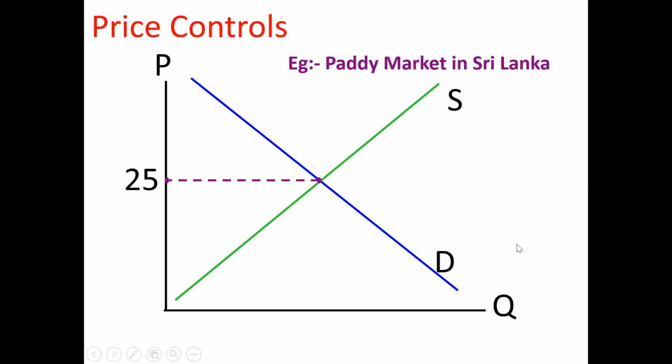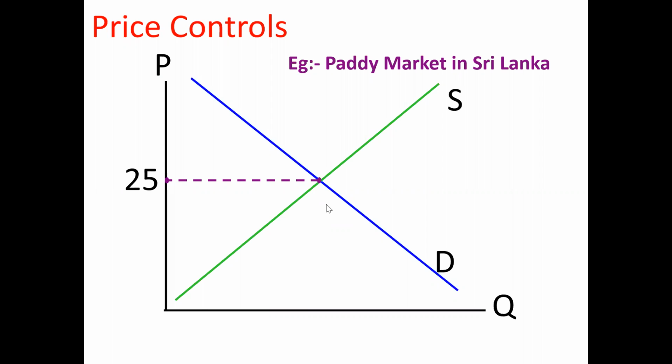What should the government do? Should the government decide the price below 25 or above 25? What do you feel? Shara? Should the government decide the price below 25 or above 25? Shara?